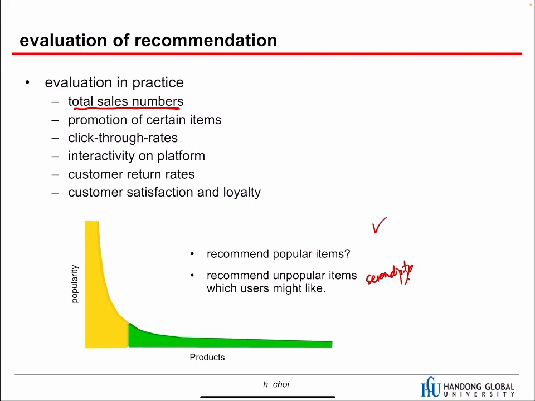So we need this as an evaluation. Likewise, we can check promotion of certain items, click-through rates, interactivity on the platform, and customer return rates. Actual improvement would be a good measurement to evaluate the system.